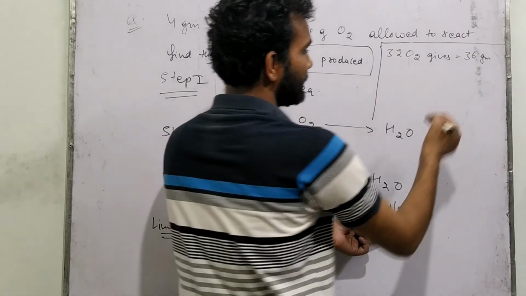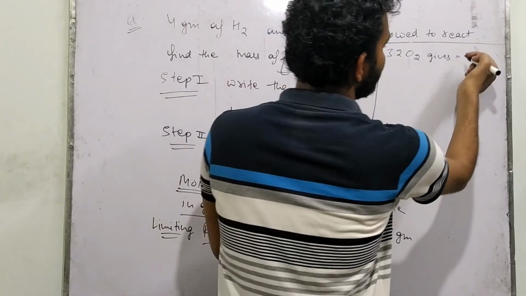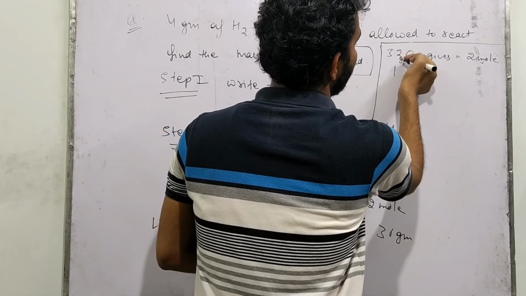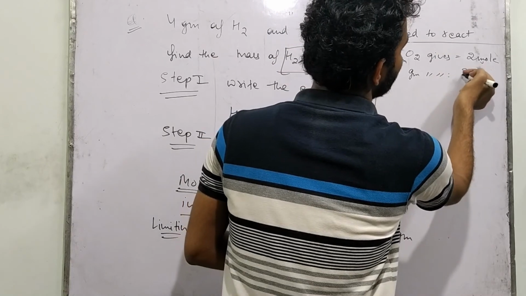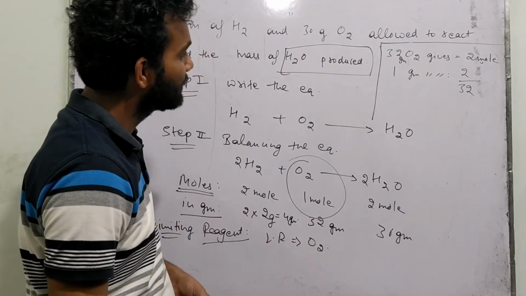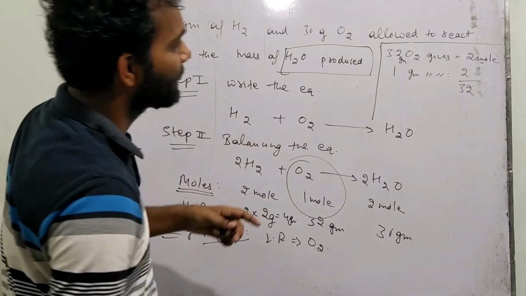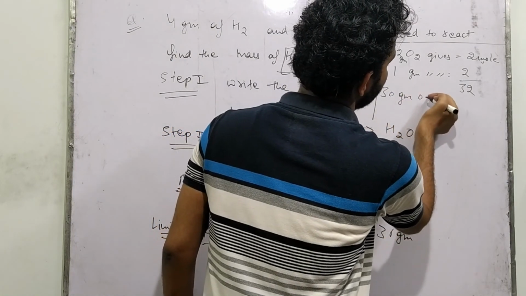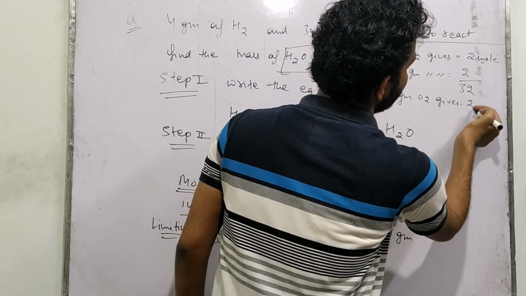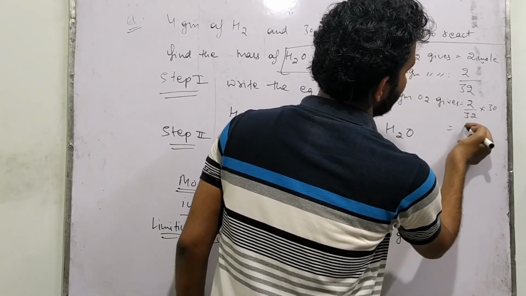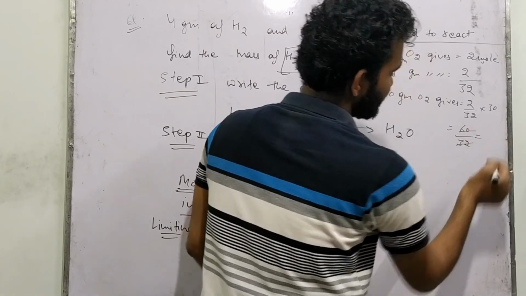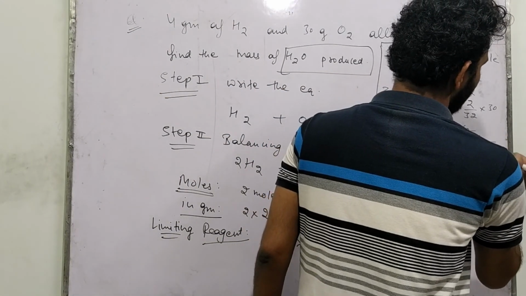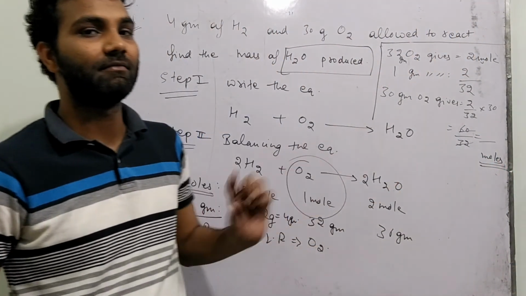You can say मोल्स की टर्म में हम निकाल सकते हैं. यहाँ पे मोल्स की टर्म में अगर आप निकालना चाहे तो कितना मोल है? 2 मोल है. ओके, तो 1 gram O2 gives 2 by 32. क्लियर? एंड आपको कितना पूछा था बेटा? 30 ग्राम. आपको पूछा 30 ग्राम. तो 30 ग्राम O2 gives 2 by 32 multiply by 30. आपका क्या 60 by 32. तो यहां से आप इसके नंबर ऑफ मोल्स कैलकुलेट कर लेंगे. क्लियर? तो जो भी आपकी वैल्यू आएगी वो आपकी मोल्स में आ जाएगी. देन यू कैन convert moles into gram value.